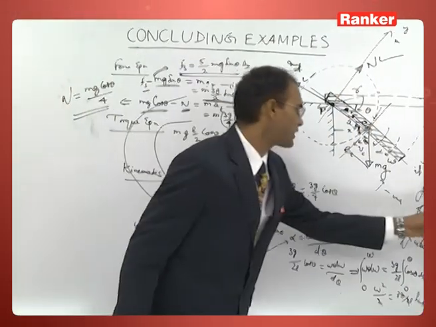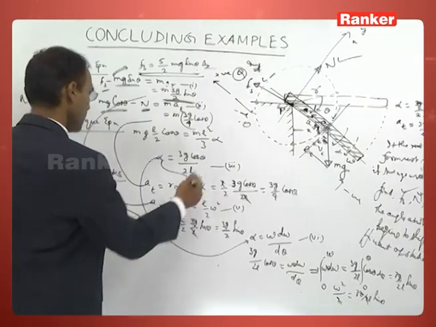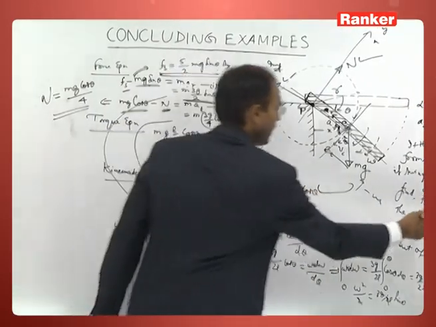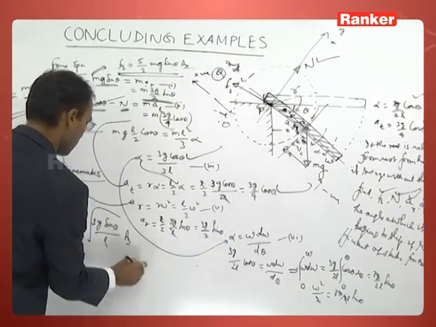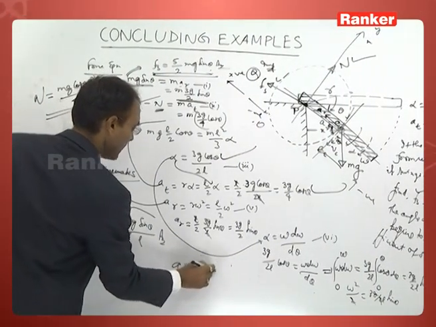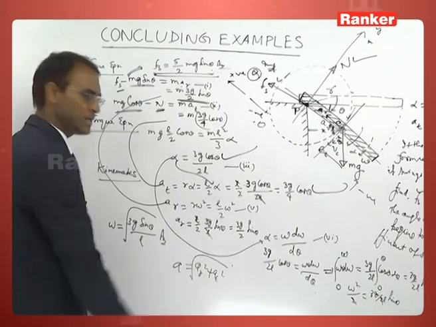So other things you can calculate very easily. Already you have calculated AR and AT, and A will be equal to the square root of AR square plus AT square, because they are perpendicular to each other.